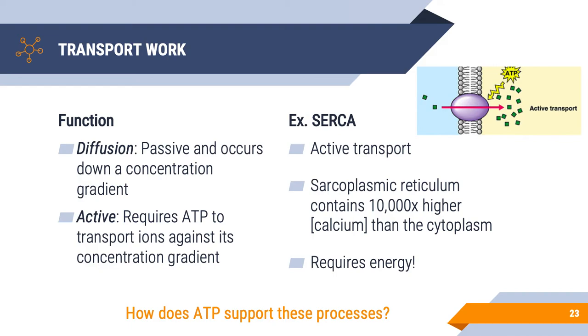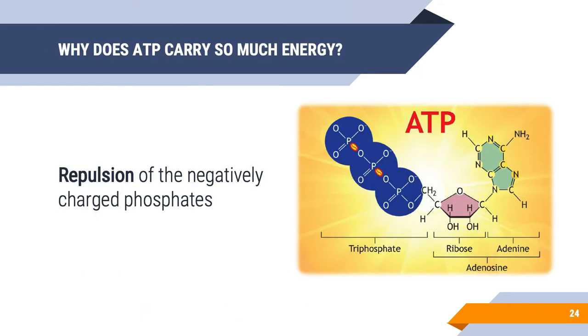Now we need to think about how ATP actually performs these steps, like how it provides energy for these processes. ATP is made up of adenosine and 3 phosphate groups, or triphosphate. These 3 phosphate groups are linked together, but imagine sticking 2 negative charges against each other.